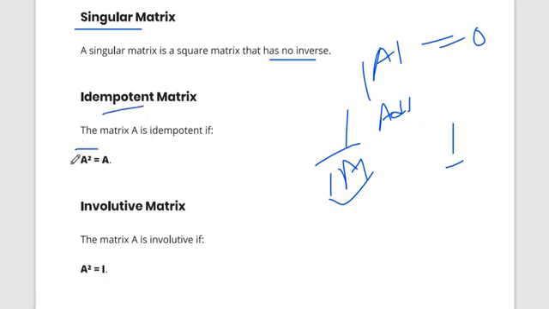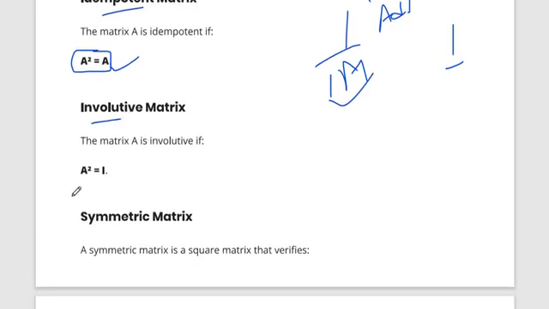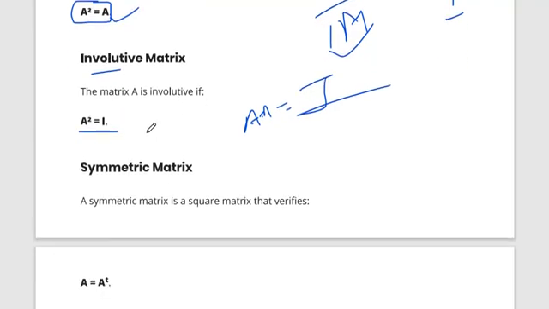Idempotent means the square of the matrix is the same as the A matrix. Involutory matrix means its square is equal to the identity matrix. If we multiply it with itself and the answer is the identity matrix, then it's called an involutory matrix.